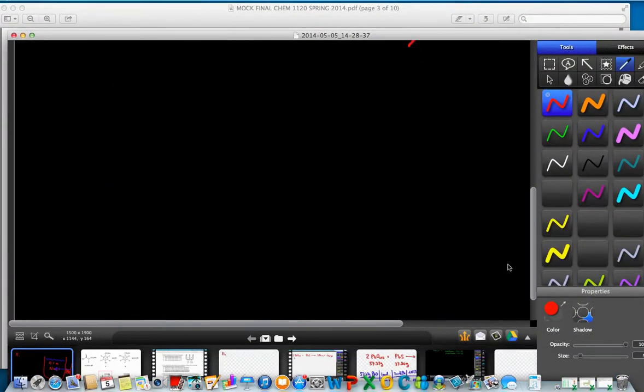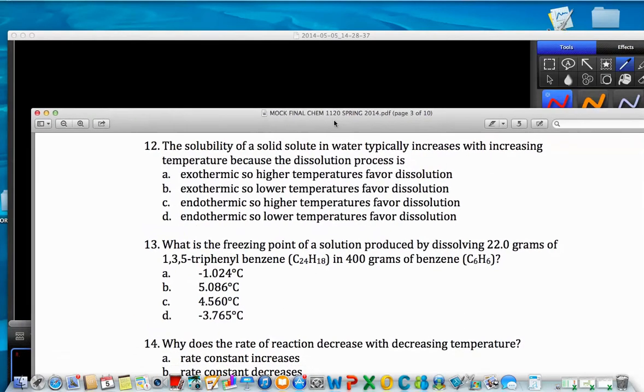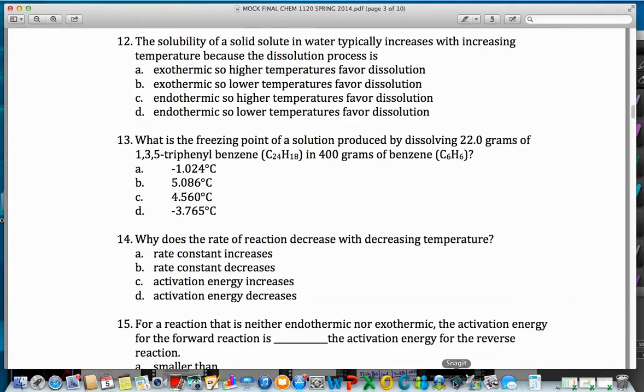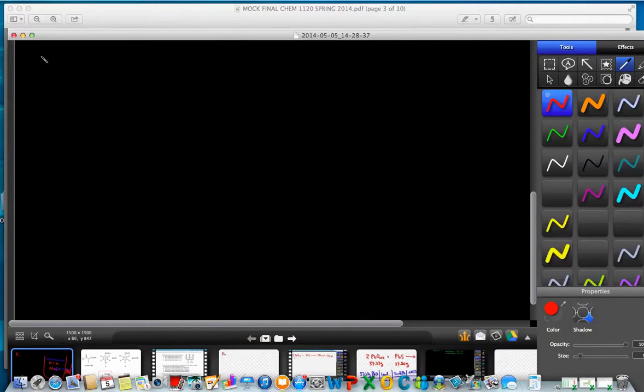When it comes to number 13, we need to know that the Kf of benzene is 5.12 degrees Celsius per molal, and the normal freezing point is 5.48 degrees Celsius.